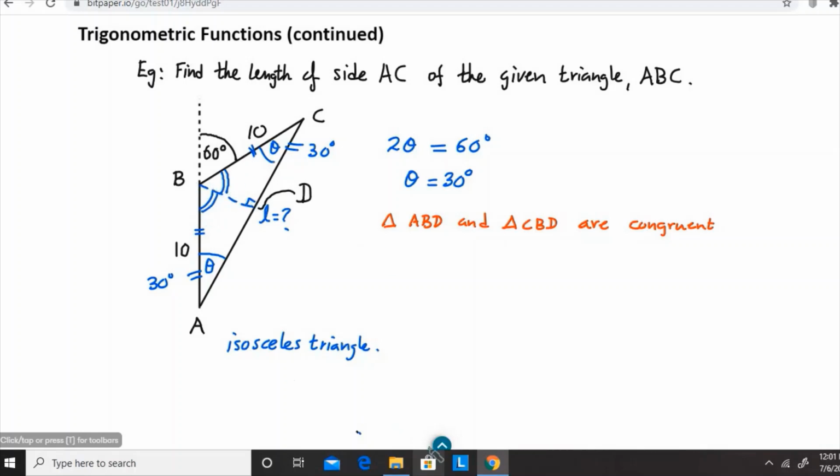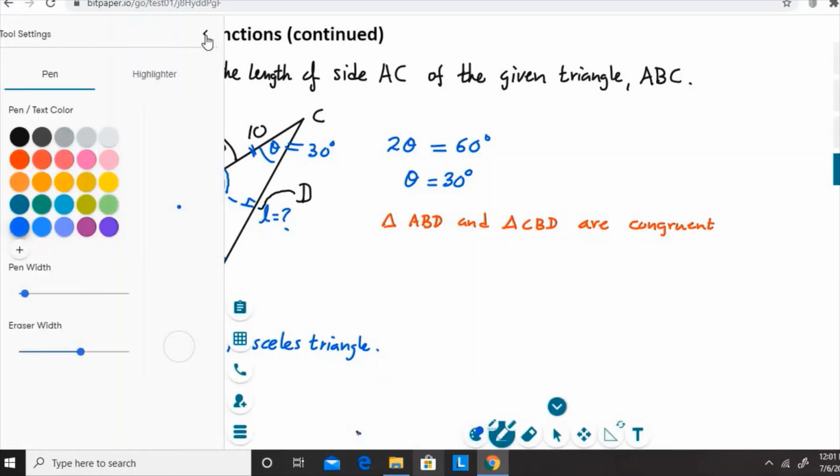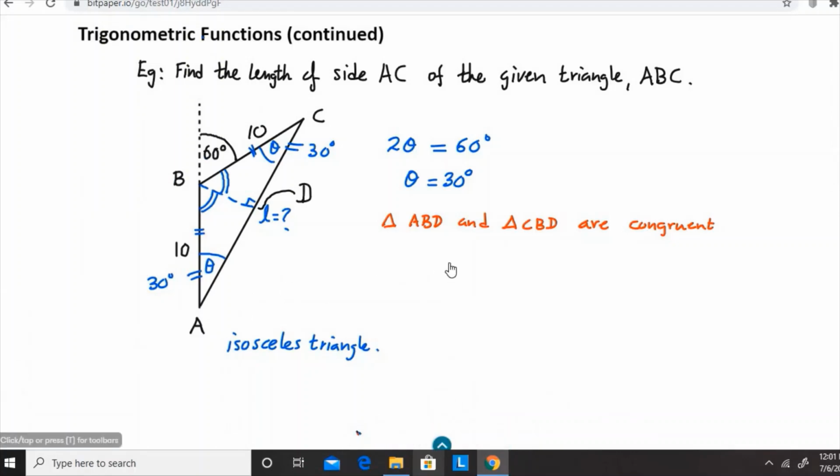As a result, I can write this length AC in terms of AD. So you can see AC can be broken down into AD plus DC. But since these two smaller triangles are congruent, I have AD equals DC.